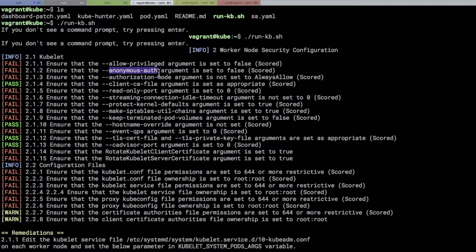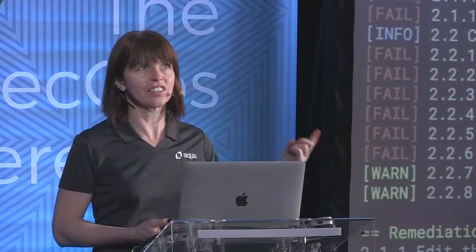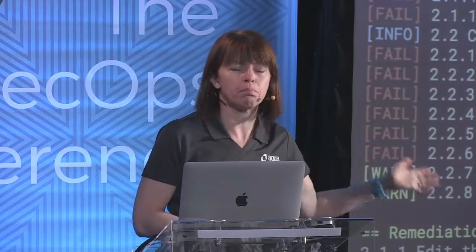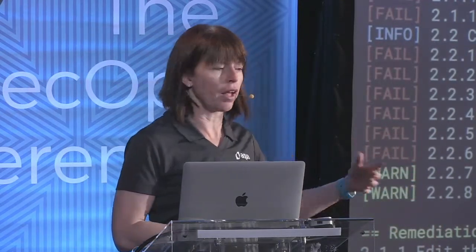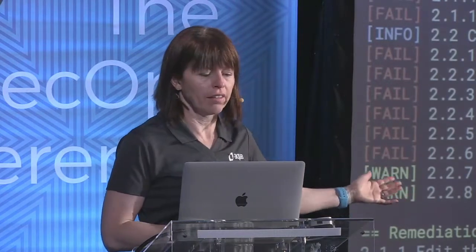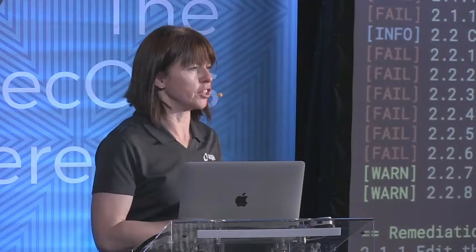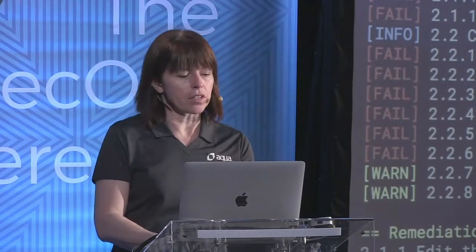For the kubelet API, it's a very bad idea to let people anonymously connect to it, because that's basically like having root privileges. Anyone who can connect to the kubelet API can do anything they like if anonymous authentication is permitted. So both of those things are currently wrong.